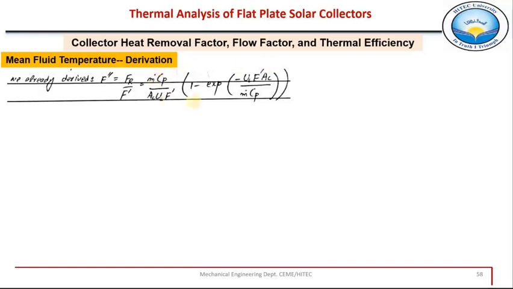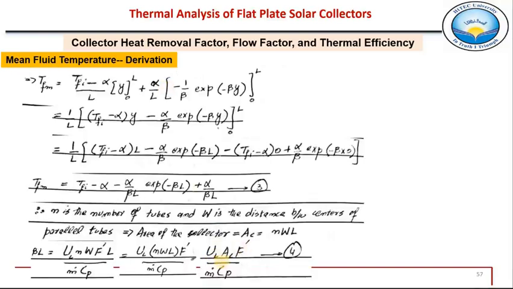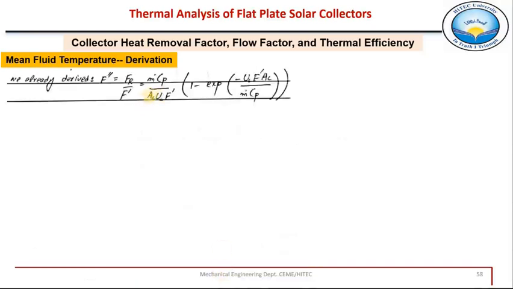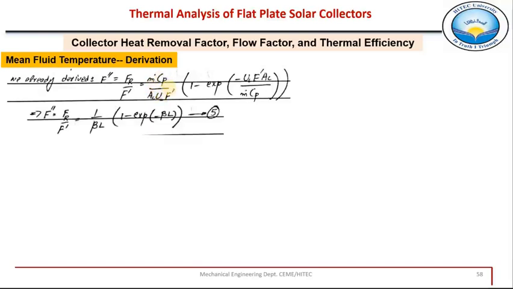So now in this equation this term is actually 1 over beta, which we have defined. What was beta? This one, UAF dash over M dot CP, and here we have UAF dash over M dot CP. So that is 1 over beta.